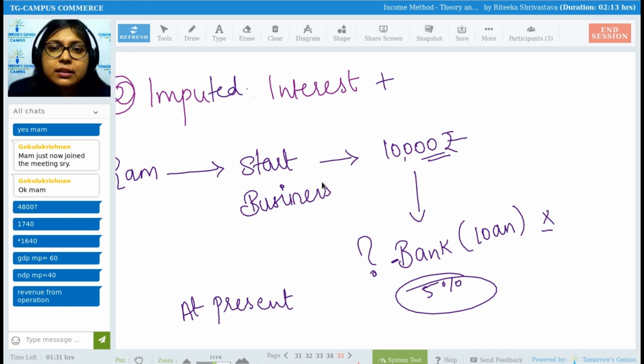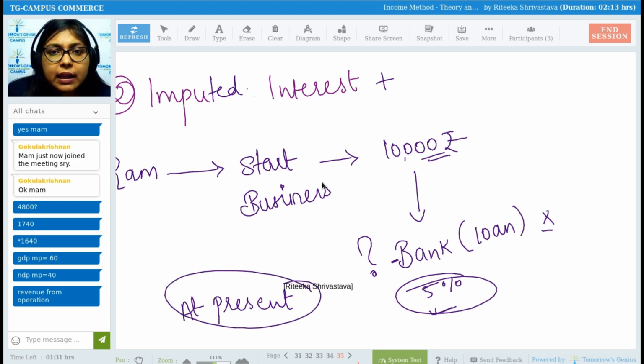But still we have to consider, or we have to take an imputed value. So imputed value is always taken on the basis of present market value, and at present the bank is charging 5% on loans. So if Ram would have taken the loan, then he would have also paid 5% interest. So this is an imaginary value, this is an imputed value.